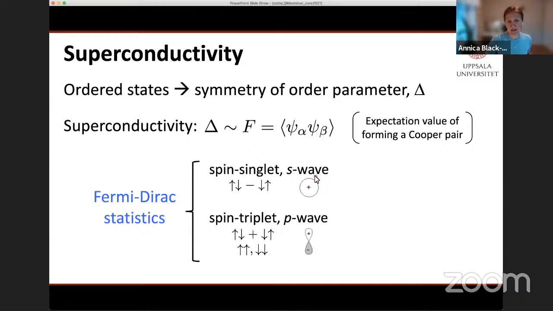So you get the spin-singlet s-wave combination, which really is the conventional superconducting state. But if you say, okay, I would like to have a spin-triplet combination of the spins instead, either the mixed spin or the equal spin, then, if there are no other quantum numbers, you have to have a spatial symmetry that is odd in space, say p-wave, so you get spin-triplet p-wave. So this is very well known.